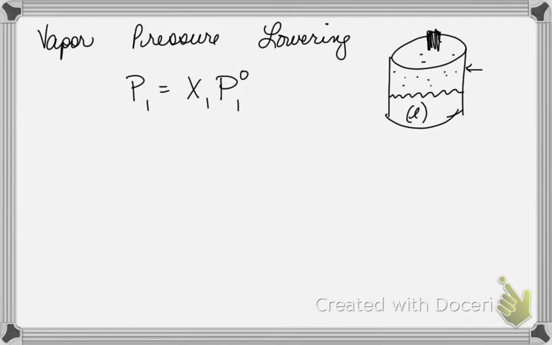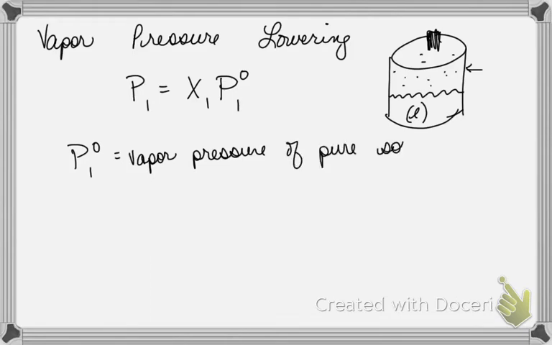P1 standard is the vapor pressure of the pure solvent. And the idea of vapor pressure lowering is that if we dissolve some solute particles, it's a colligative property, in this solvent, the vapor pressure that we see above the solution will actually lower.